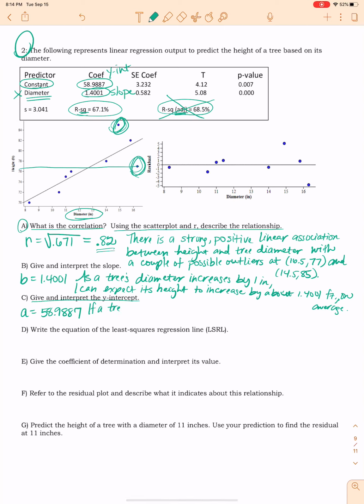If a tree has a 0-inch diameter, I expect its height to be about 58.9887 feet.